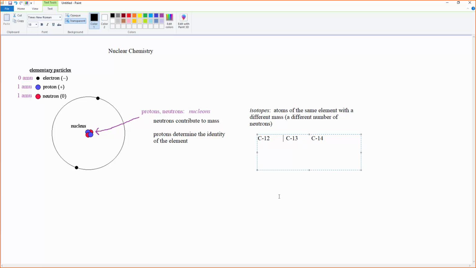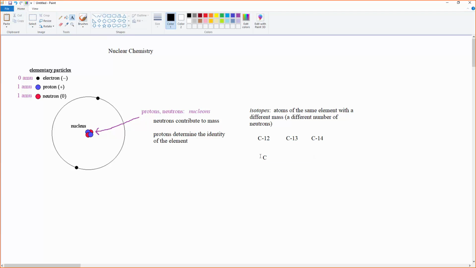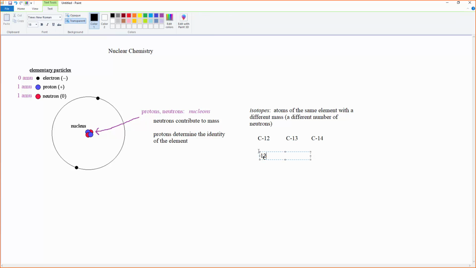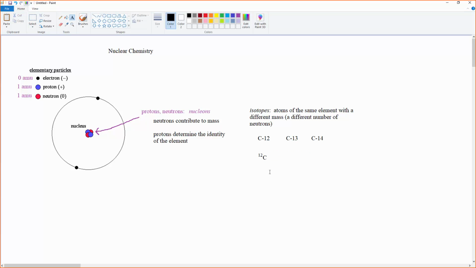So here are 3 isotopes of carbon, and this is one way to show it, right? You can say carbon 12 or C12. This indicates that it's a carbon isotope with a mass of 12. Another way to do it that we did is you could put it in the upper left-hand corner, usually much smaller, right? That would show you the mass.